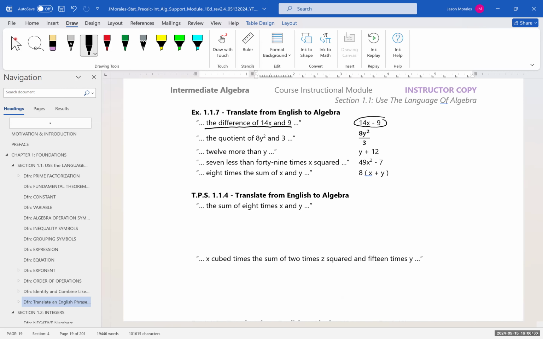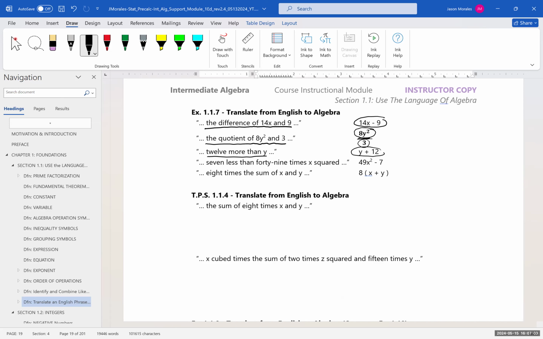In the word problem, if it said the quotient of 8y squared and 3, what they really mean is that 8y squared is divided by 3. If they said 12 more than y, well, that's taking y and adding 12 to it.